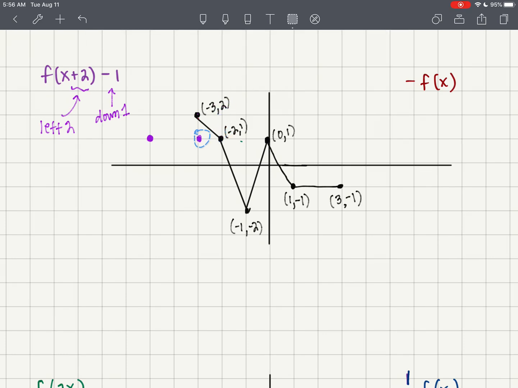This point is going to go left 2 and then down 1. This point goes left 2, down 1. In fact, all of the points go left 2, down 1.